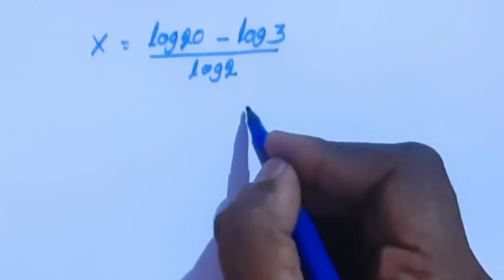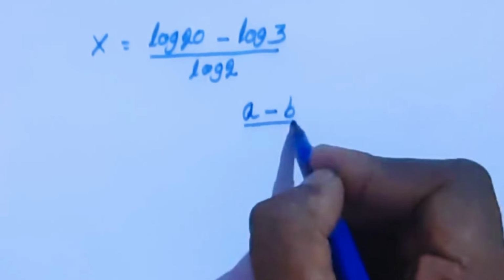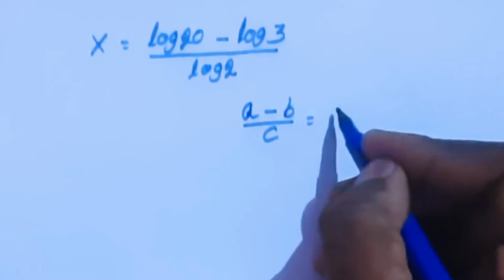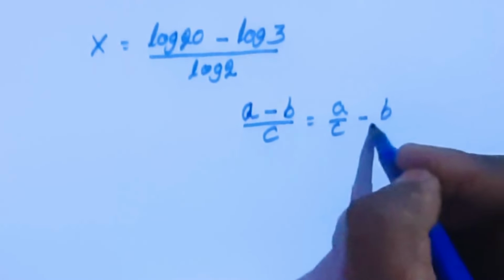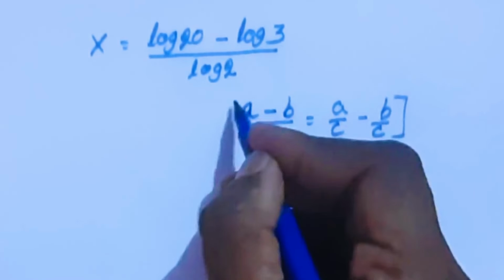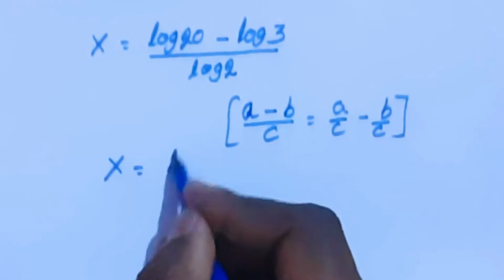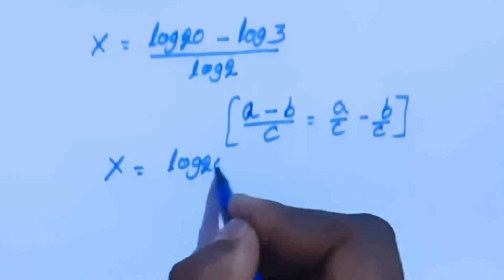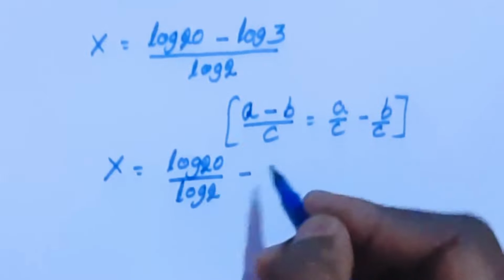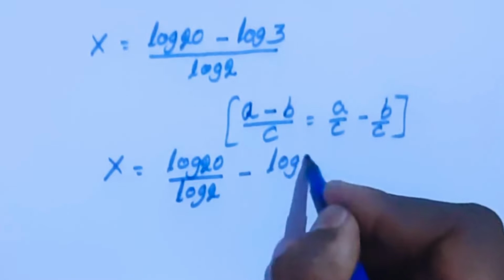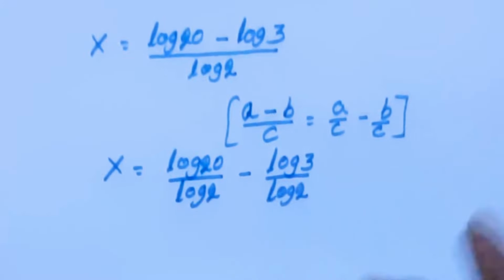This can be written as, which is a minus b whole divided by c can be written as a by c minus b by c. So we are going to apply this here. x equal to log 20 by log 2 minus log 3 by log 2.